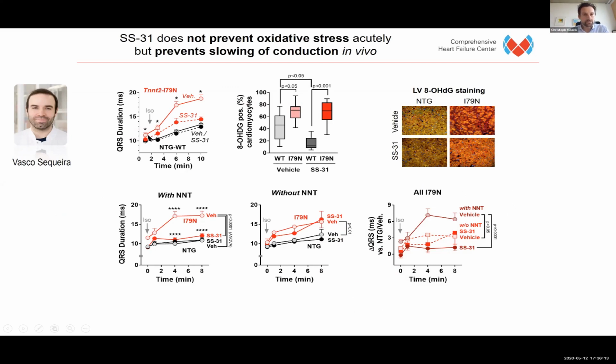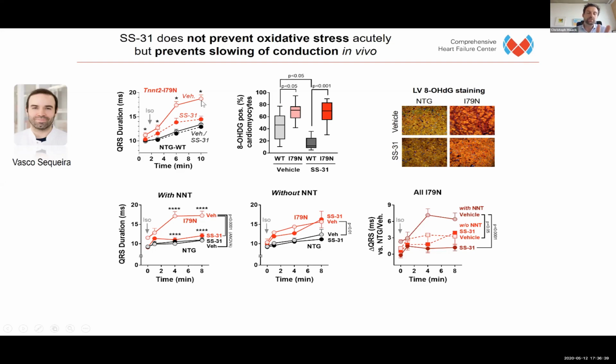Without getting into too many details of different anesthesia protocols, in this protocol, the typical change that Björn and Vasco have been seeing with isoproterenol is that it broadens the QRS complex, which makes electrical conduction slower. This is what you see here: the vehicle pre-treated I79N compared to the non-transgenic have a clear QRS broadening.